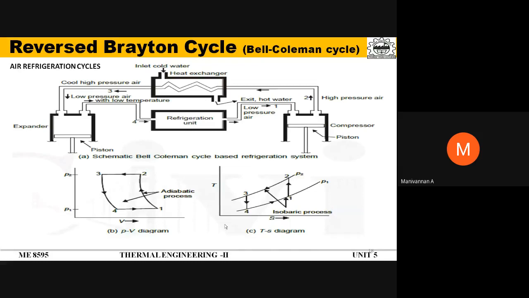What is the basic application of the Brayton cycle? Which device converts heat energy into work energy based on the Brayton cycle?